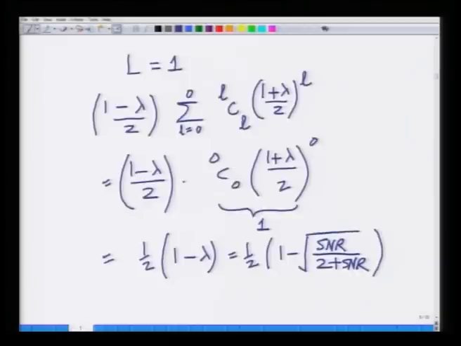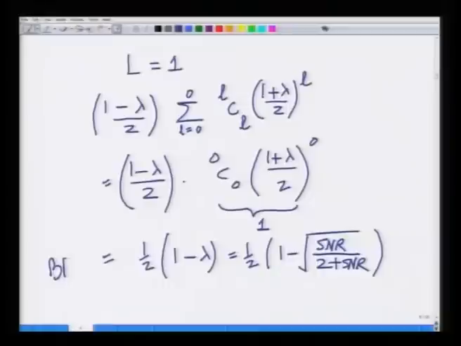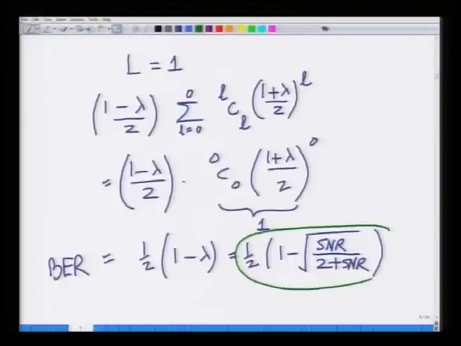All right, we said we have an expression for any given number of receive antennas capital L. Specifically for capital L equals 1, we derived the expression for bit error rate. So, the bit error rate for L equals 1 equals half times 1 minus the square root of SNR divided by 2 plus SNR. And if you recall, we saw this expression earlier; this is the bit error rate in a Rayleigh fading wireless channel with a single transmit antenna and a single receive antenna.